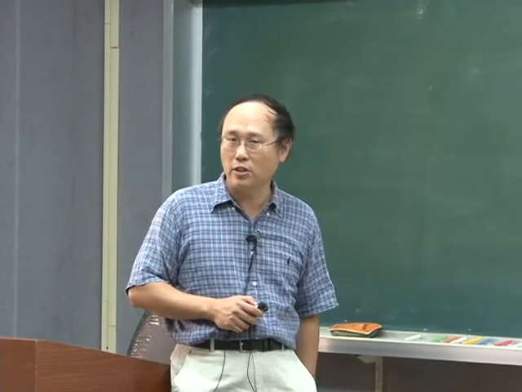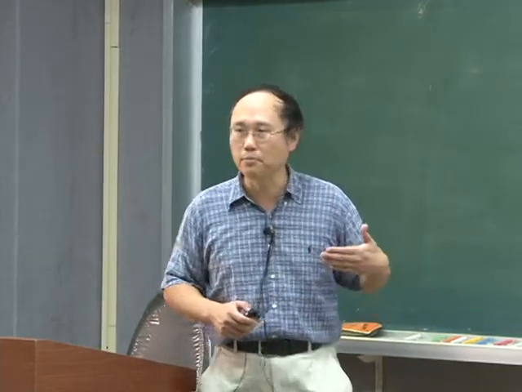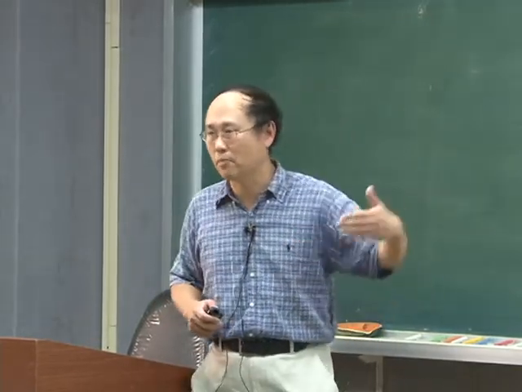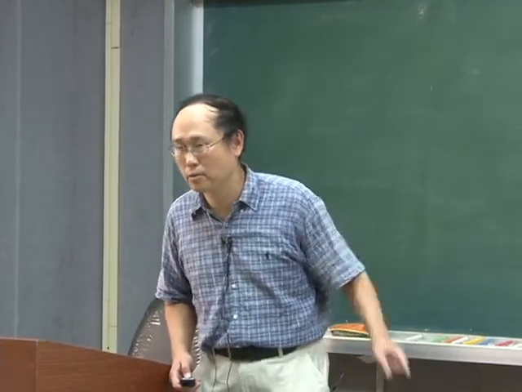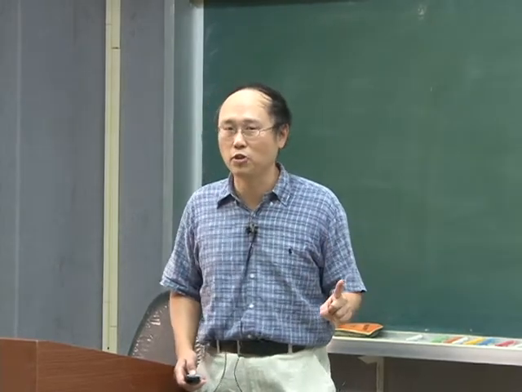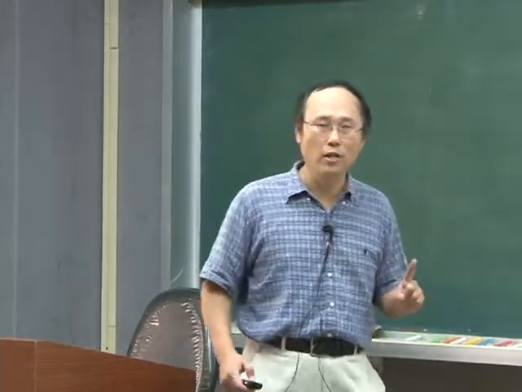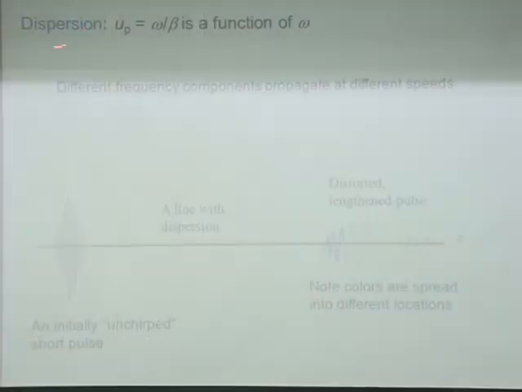OK, 所以 dispersion 的意思就是说，电磁波在这个线里头跑呢，不同频率会跑不同速度，听得懂吗？不同频率的电磁波在这个 transmission line 里头跑的会是不同速度。如果是这样子的话呢，这条线是有 dispersion 的。OK, so last time we already calculated the phase velocity.